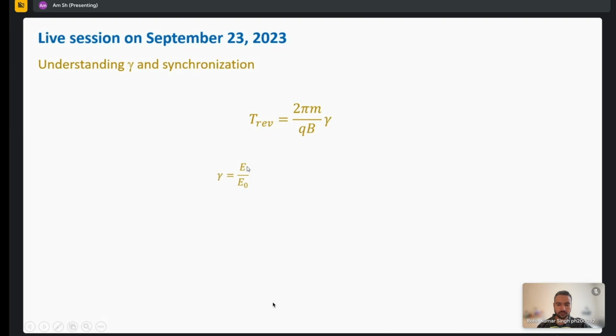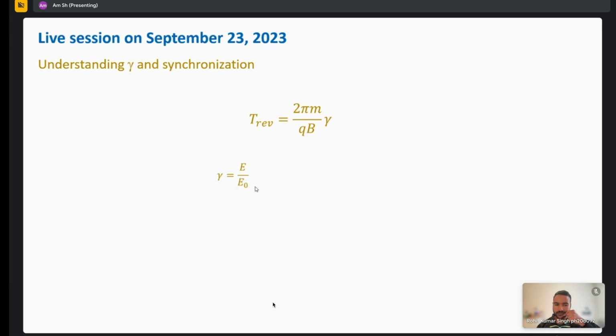Gamma is the total energy of the particle scaled by the rest energy of the particle. So if a particle has rest energy 1 GeV, then at a total energy of 2 GeV it has only gamma 2.